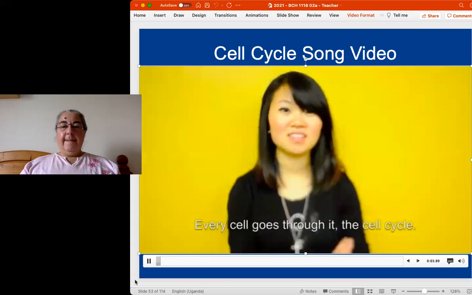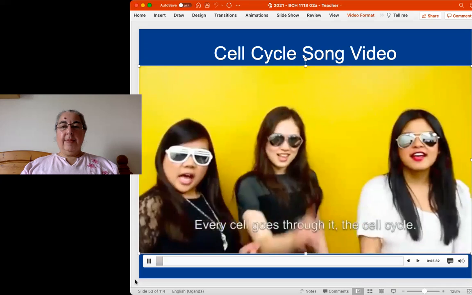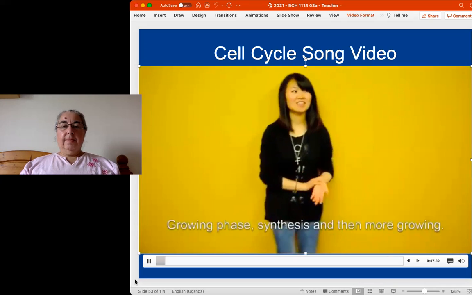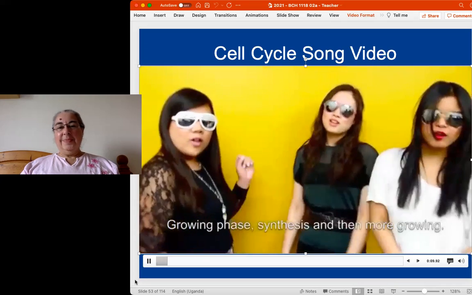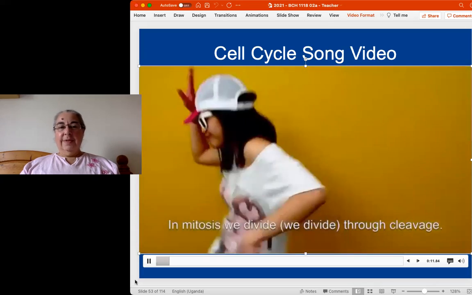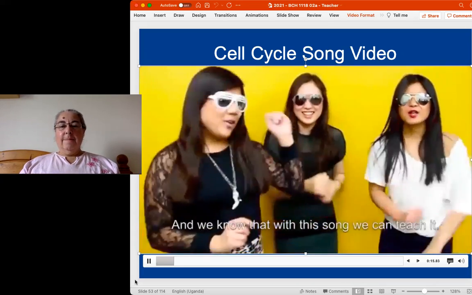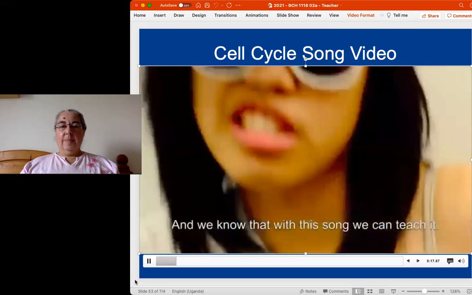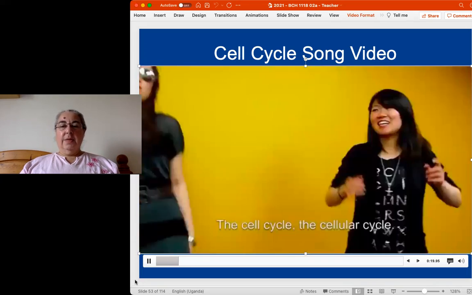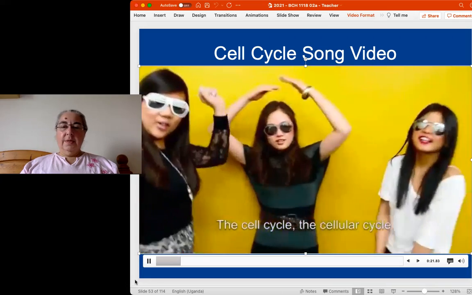Every cell goes through it, the cell cycle, growing phase, synthesis, and then more growing. In mitosis we divide through cleavage, and we know that with the song we can teach it. The cell cycle, the cellular cycle.